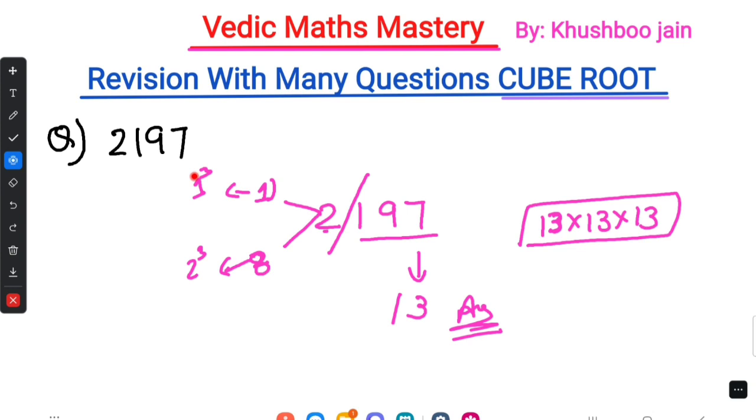in my seminar or workshop, when I took a one-day seminar, there were students who often asked what the procedure is for solving the cube roots of numbers having more than 6 digits. Because as I told in my video, we did 6-digit numbers, 4-digit numbers, and lower-digit numbers also in my last video.